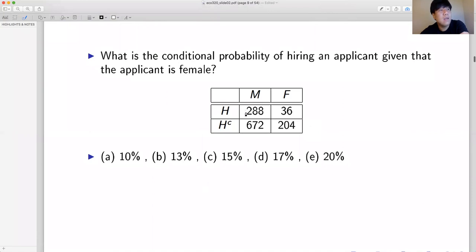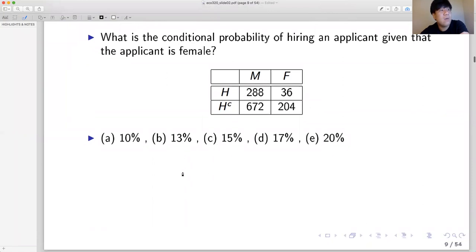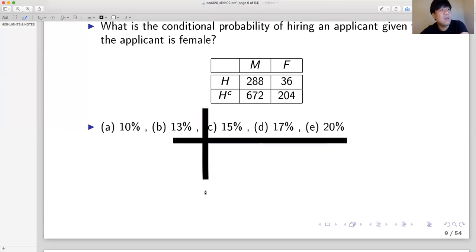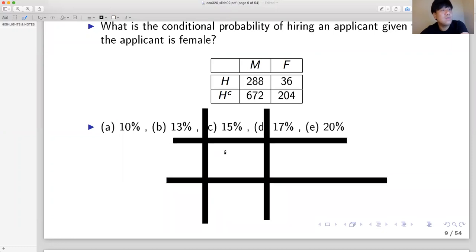If I convert this again, it's going to be something like 36 out of 1200, which was 3%, and 672 out of 1200, because we are filling in the joint probability. Pretend this is male, female, H and H complement. 672 divided by 1200 is 56%.